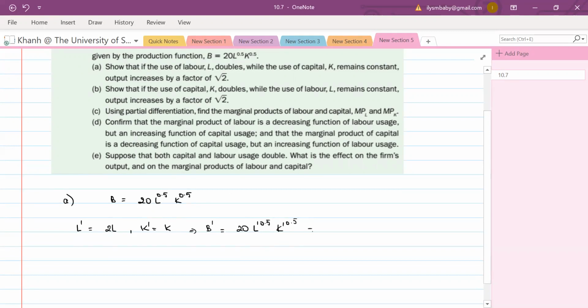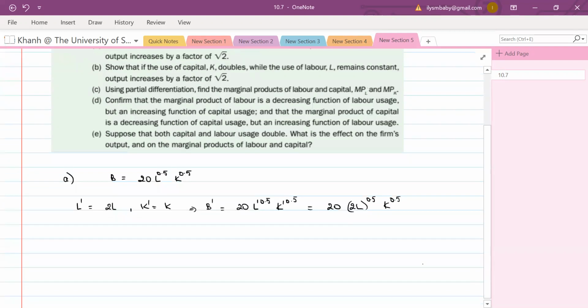And we know that L dash is just equal to 2L and K dash is just going to be equal to K. So if I expand this, I will get 20 times 2 to the power half, which is square root of 2, L to the power half, and K to the power half.